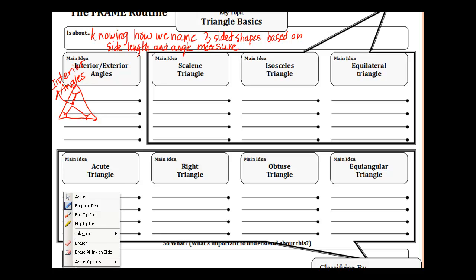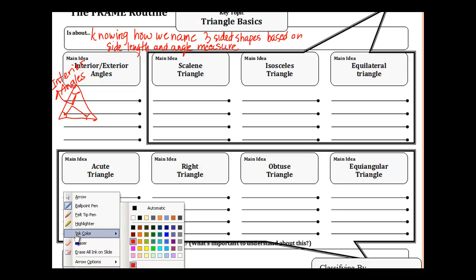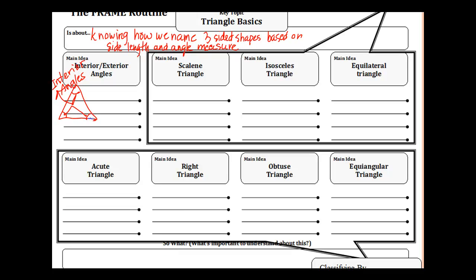An exterior angle is something we find if we extend one of the sides, like extend this side right here. This angle on the outside would be called an exterior angle. You could extend your other sides and find more exterior angles. I could extend this side, and this would be an exterior angle as well.